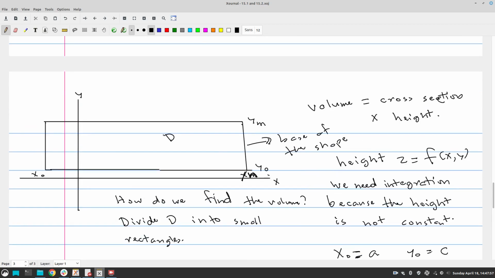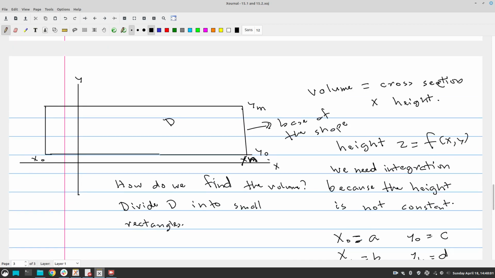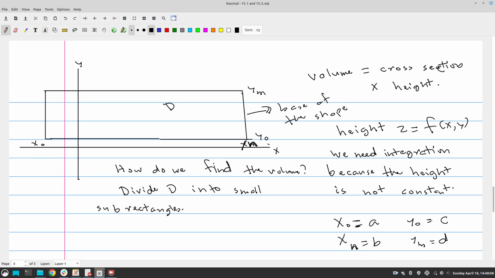Now what I want to do is divide D into small sub-rectangles. D is a big rectangle, so I want to divide it into smaller sub-rectangles.